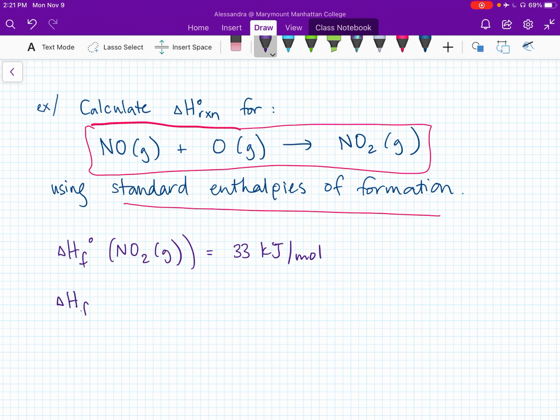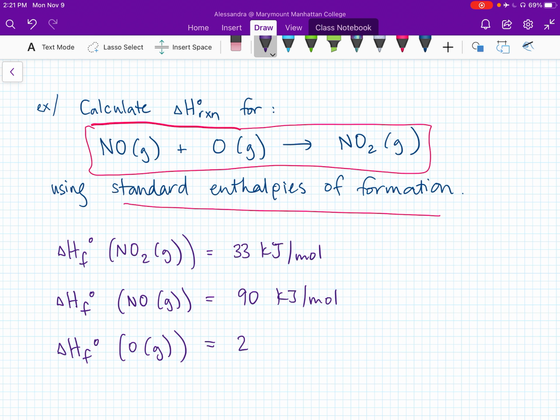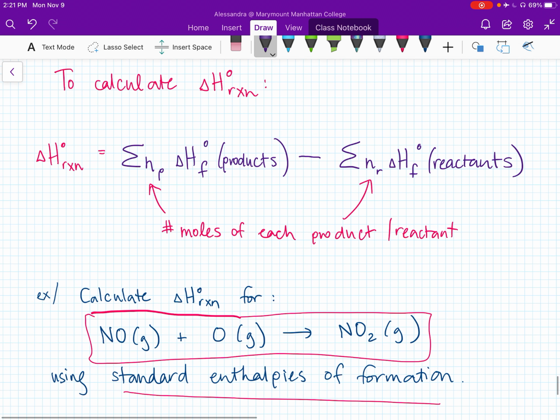The standard enthalpy of formation for NO gas is equal to 90 kilojoules per mole. Again, I'm just rounding to a whole number. And the standard enthalpy of formation for singlet oxygen gas is 249 kilojoules per mole.